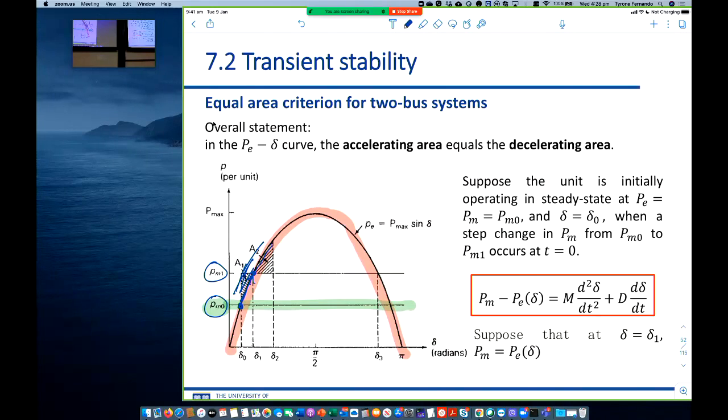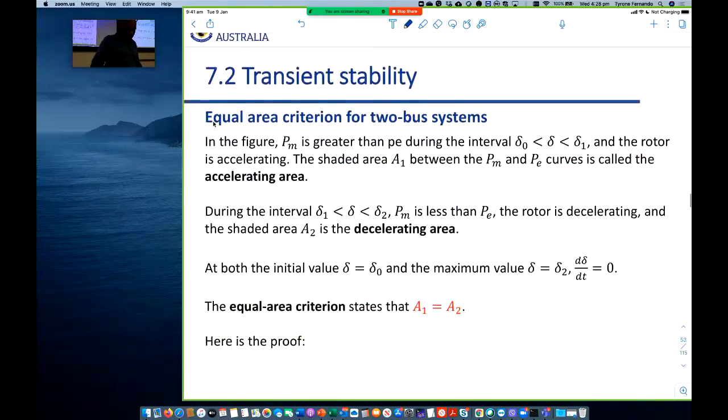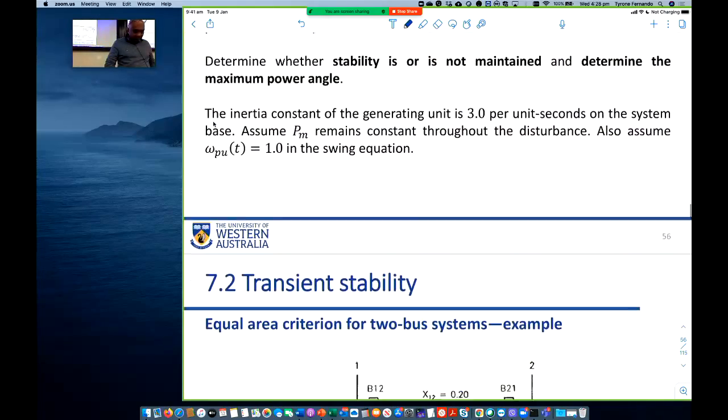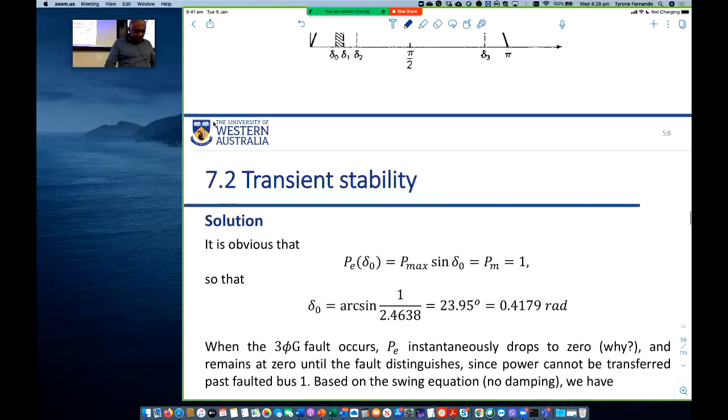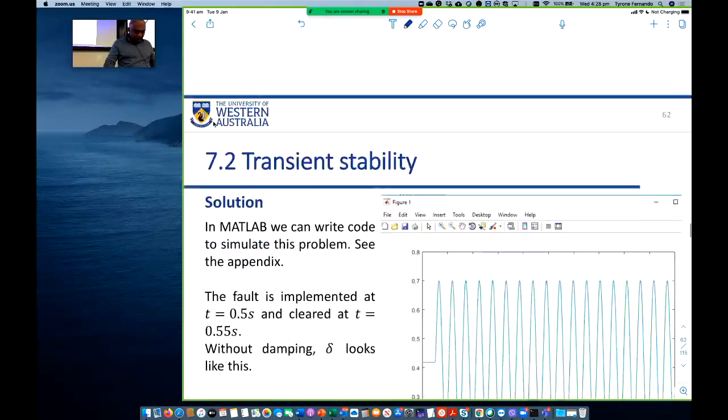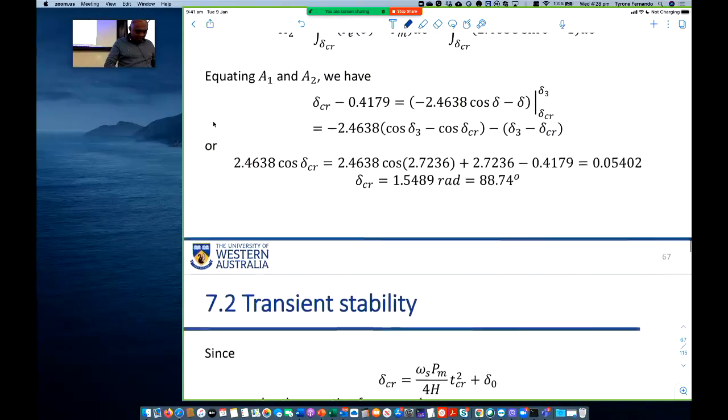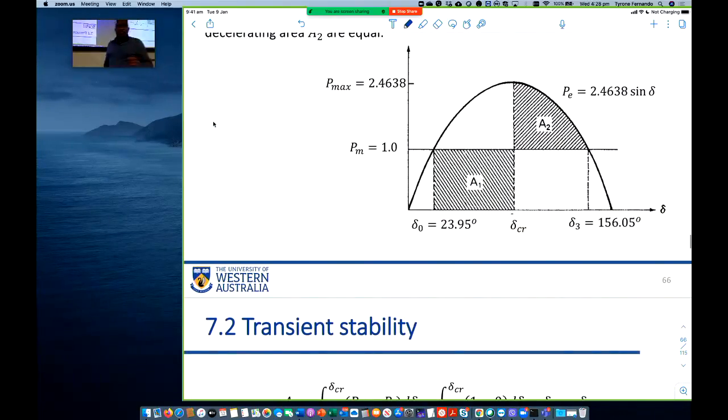So if A1 equal to A2, that's fine, right? It's coming back. But what if A1 equal to A2 is actually something like this, going past that point delta 3?